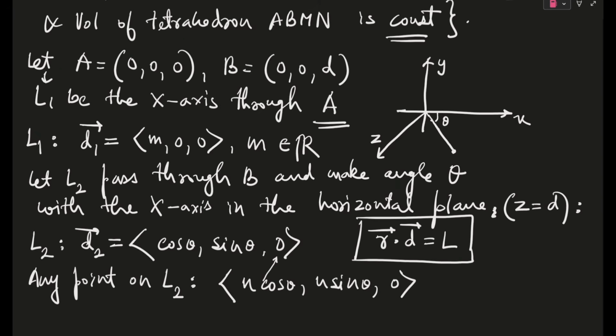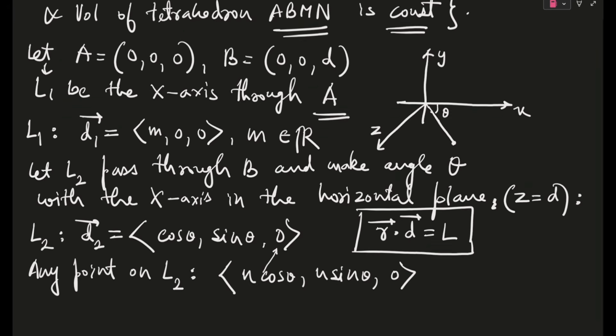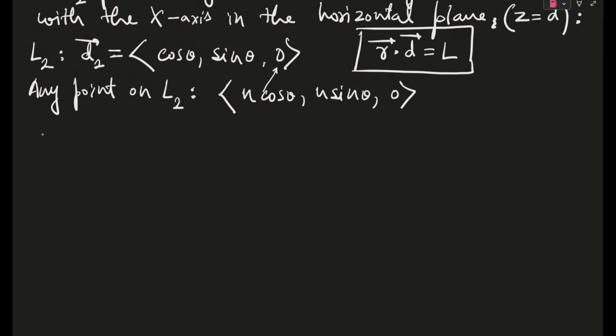So guys, now we have our data ready, and we concentrate on our tetrahedron. If we try to evaluate the volume of the tetrahedron, it is pretty simple, exactly what you have learnt in theory.